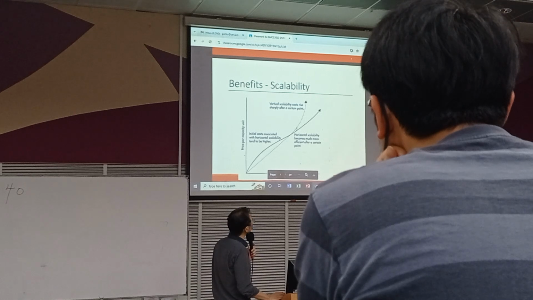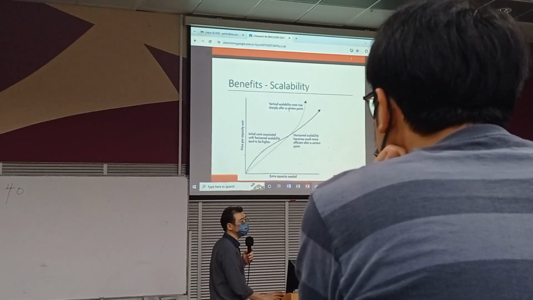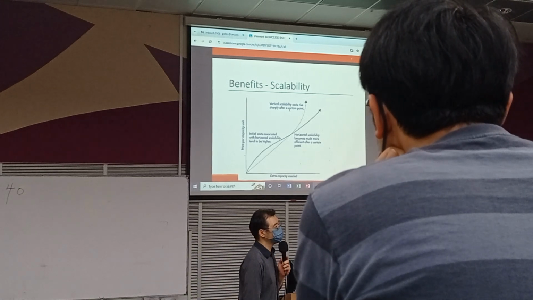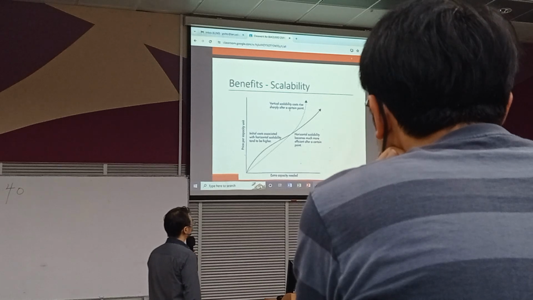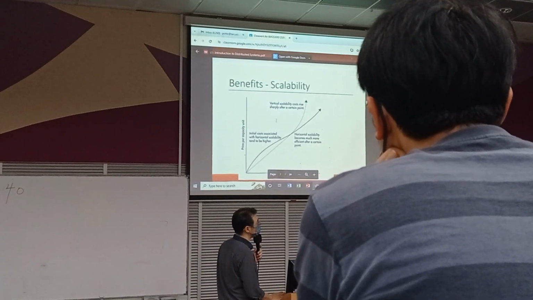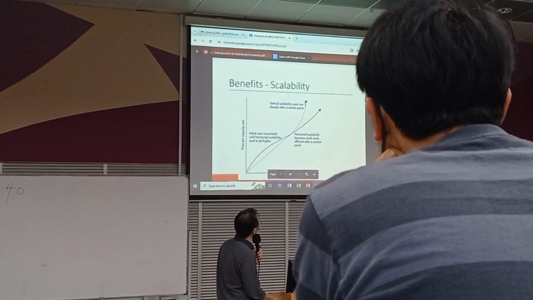But when you scale to a certain size, you find out that it is very expensive, because here maybe it's a supercomputer. Which company has a supercomputer? Very few, right? Very few companies have a supercomputer.